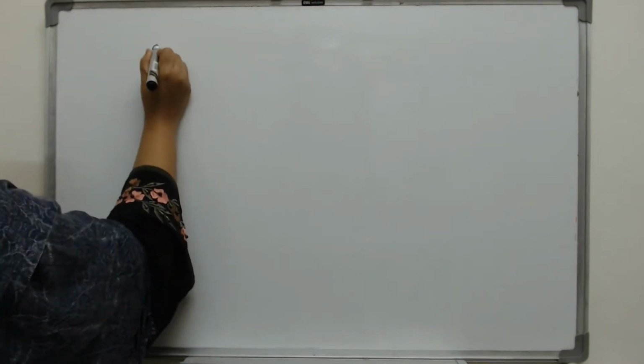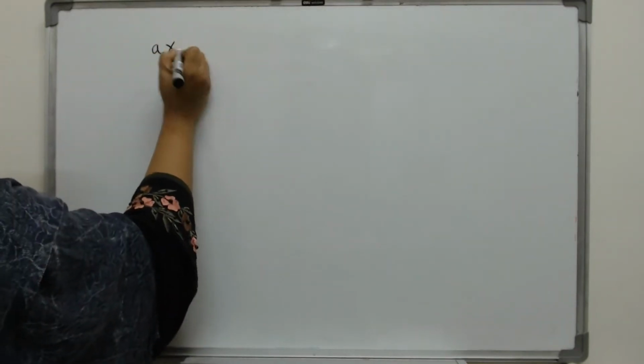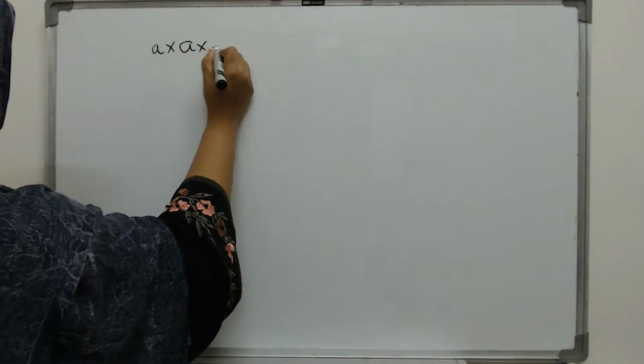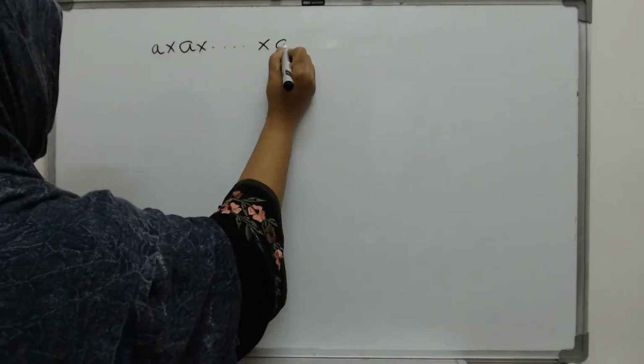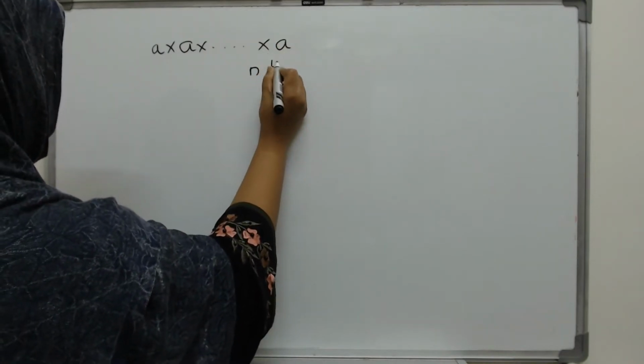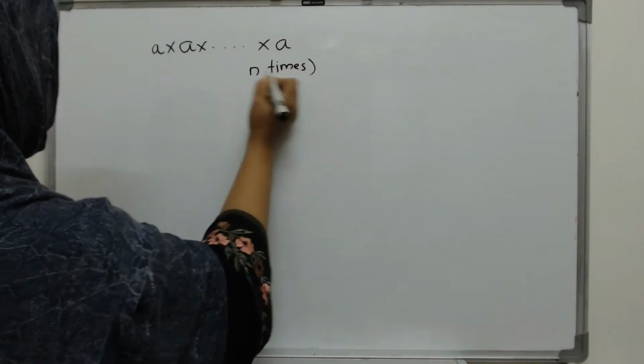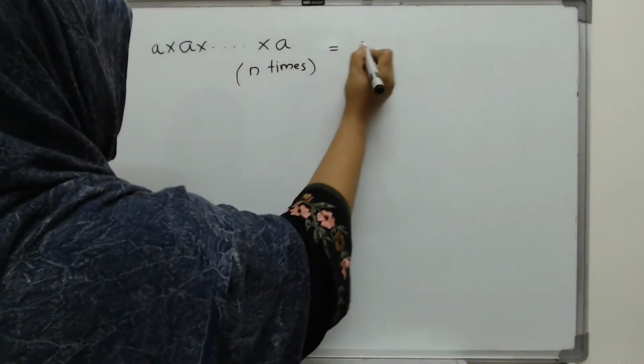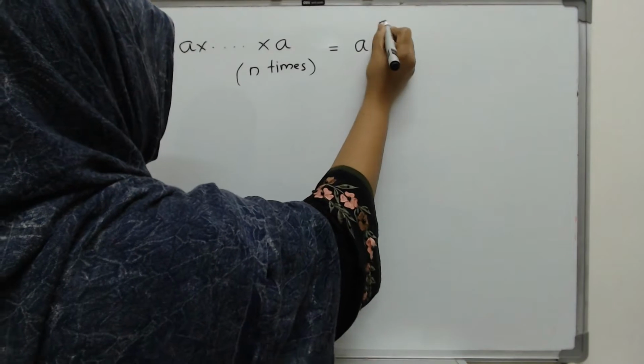In this class, let us study about bases and exponents. Suppose you have a non-negative integer a, and a is multiplied by itself repeatedly for n number of times. Then we can express it in exponential form as a raised to n.